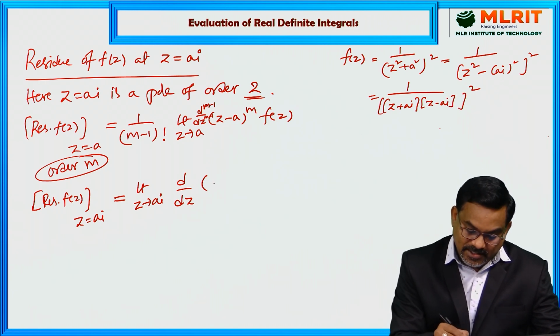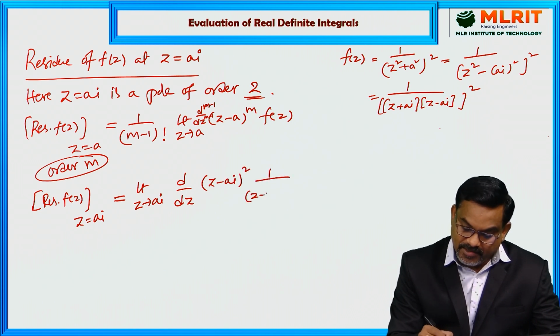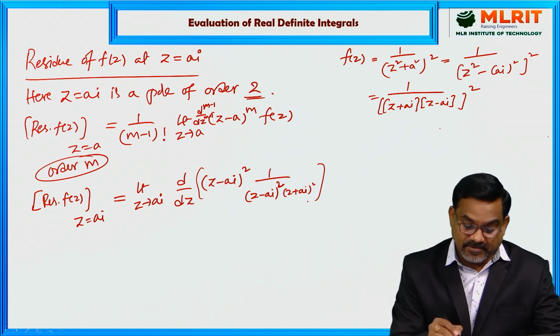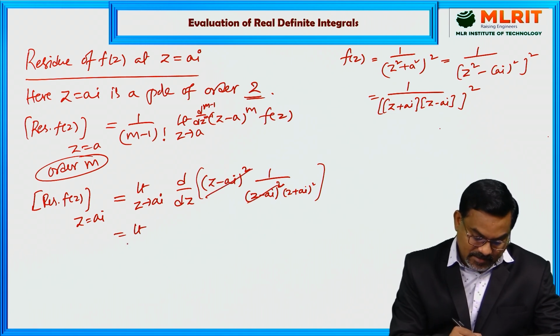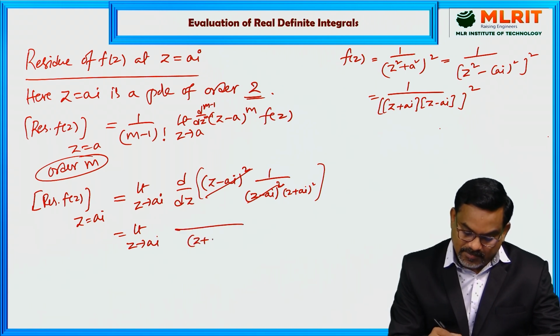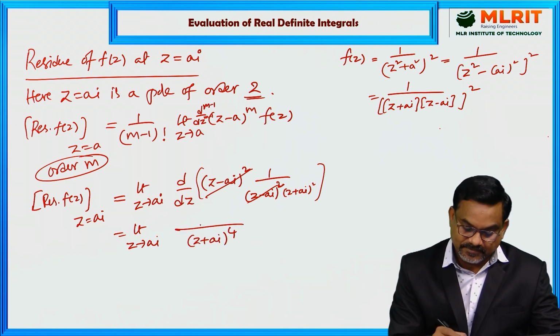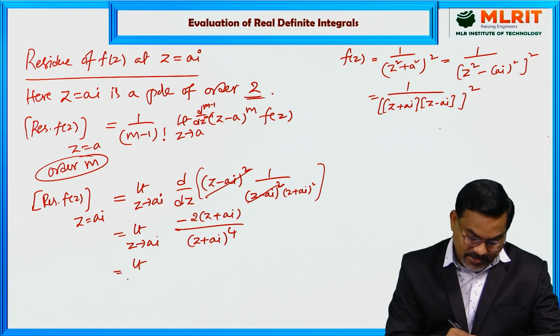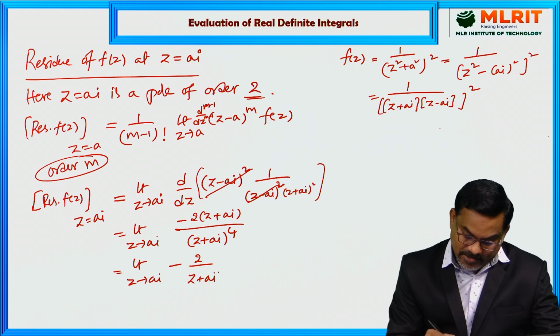So, d by dz of (z minus ai) whole square into 1 by (z minus ai) whole square into (z plus ai) whole square. So, we need to differentiate this function. Here these two get cancelled, and limit as z tends to ai, the derivative of the denominator (z plus ai) whole square gives minus 2 into (z plus ai). So, this is limit z tends to ai of minus 2 by (z plus ai) whole cube.